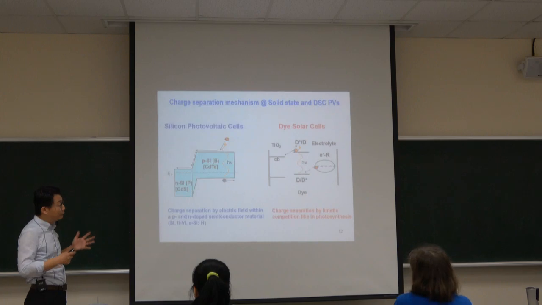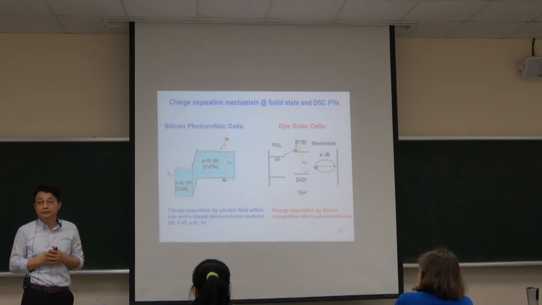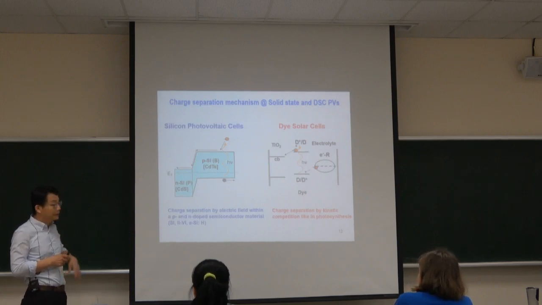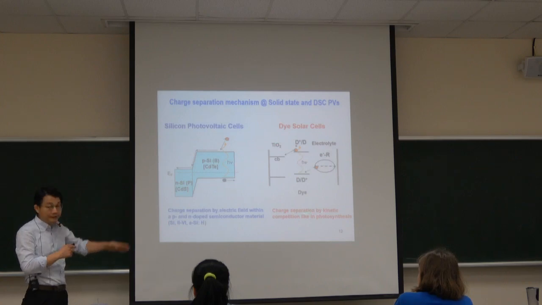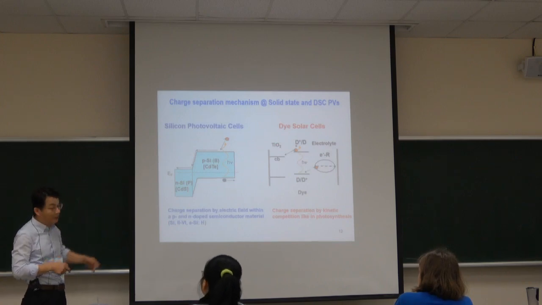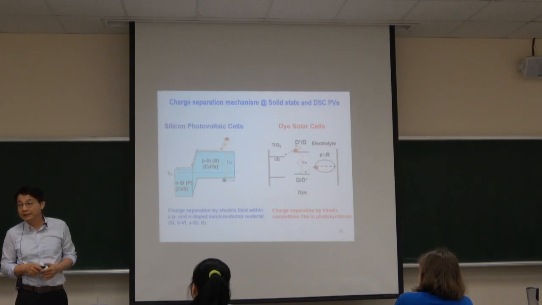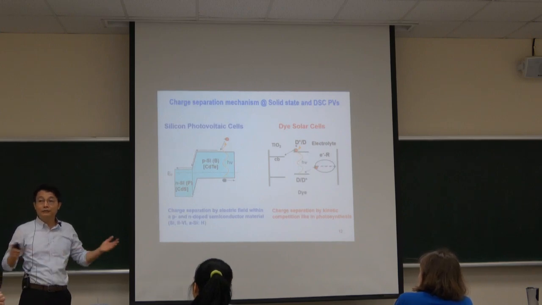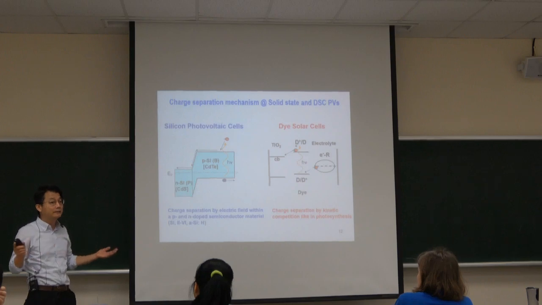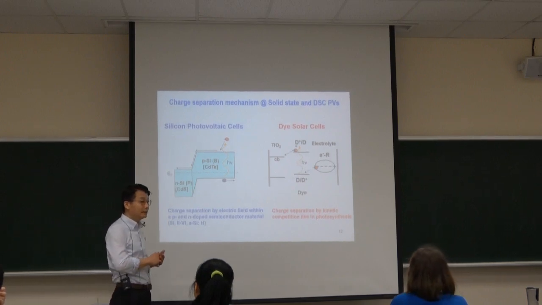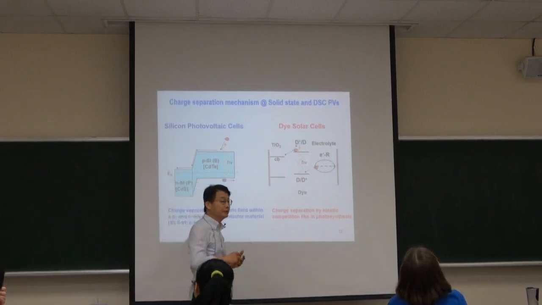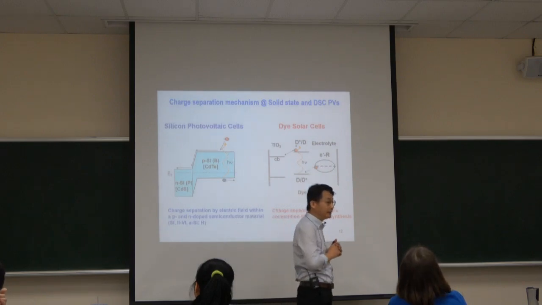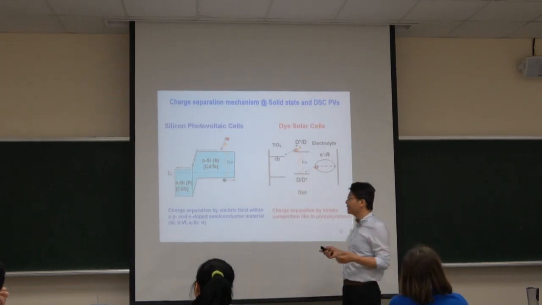But compared on price and cost, for the DSSC all the TiO2 processes are under ambient air. That means you don't need a sputtering system, you don't need a furnace, and no vacuum systems.